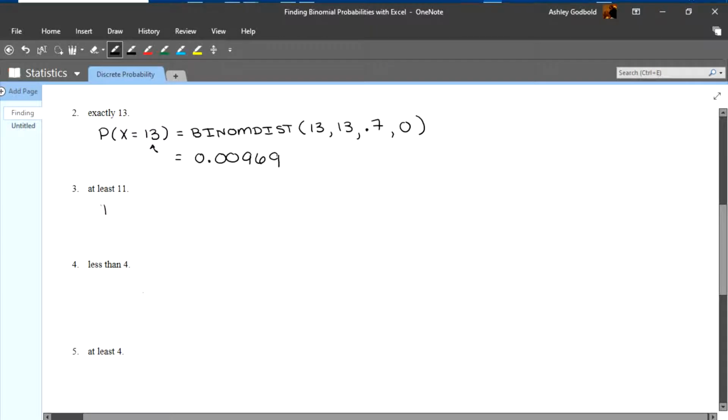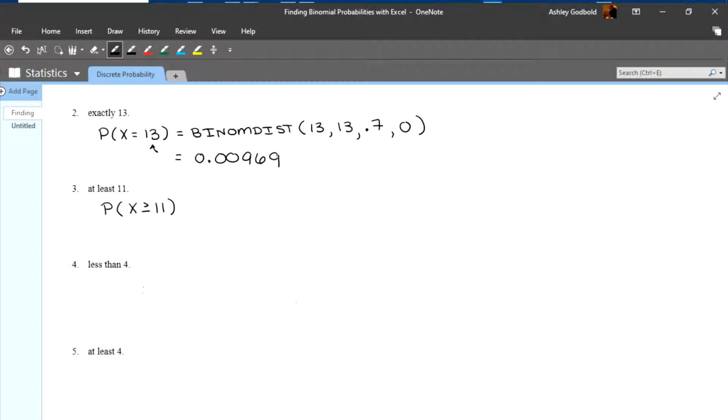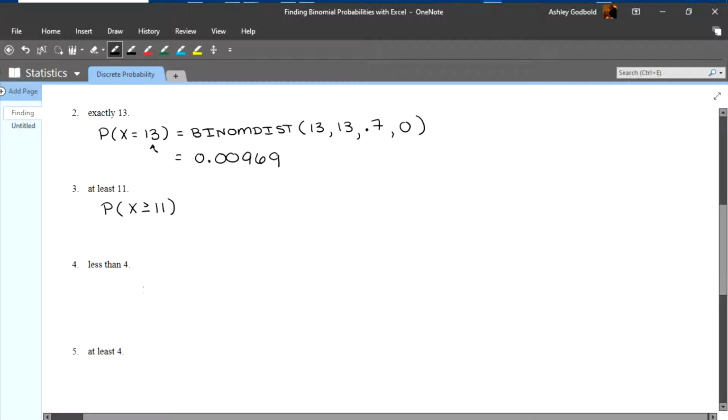That would be P of x, at least means greater than or equal to 11. To calculate this, we're going to have to use a probability rule. The probability that x is greater than or equal to 11 is the same thing as the probability that x is equal to 11 plus the probability that x is equal to 12 plus the probability that x is equal to 13.